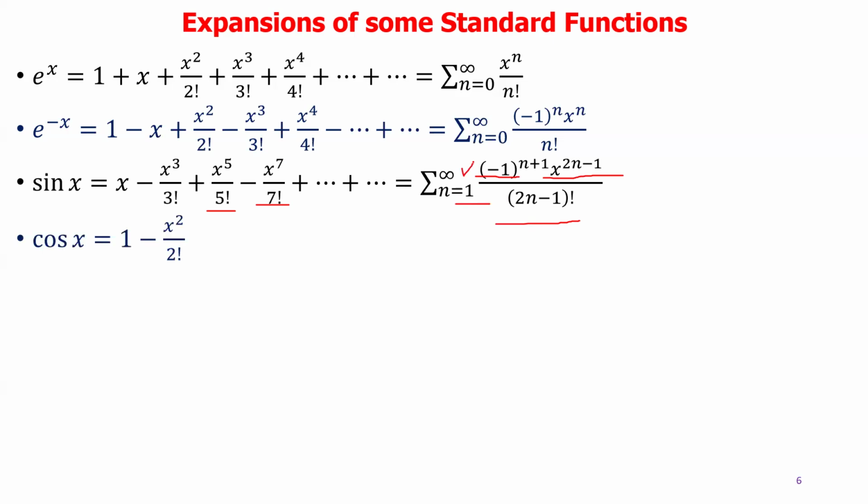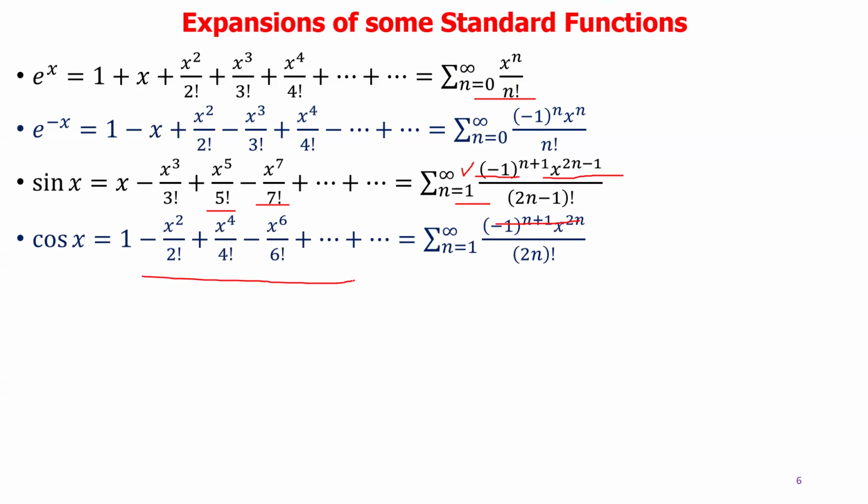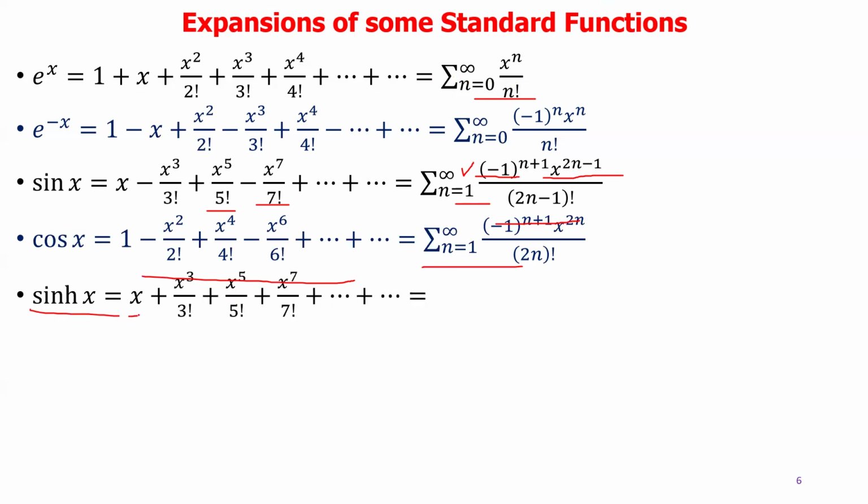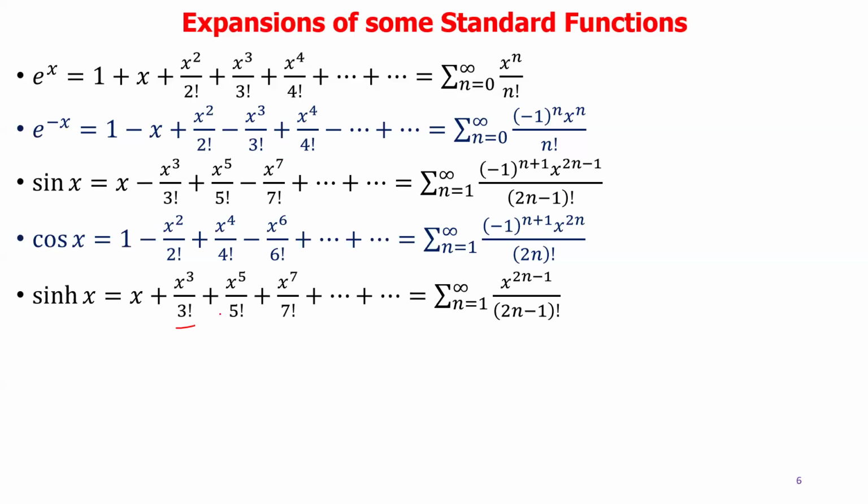Similarly, the expansion of cosine x is equal to 1 minus x square upon 2 factorial plus x to the power 4 upon 4 factorial minus x to the power 6 upon 6 factorial and so on. Expansion of sine hyperbolic x is equal to x plus x cube upon 3 factorial plus x to the power 5 upon 5 factorial plus x to the power 7 upon 7 factorial and so on.